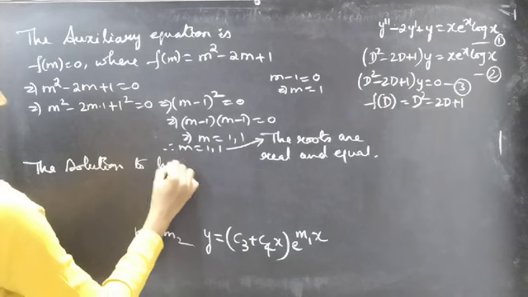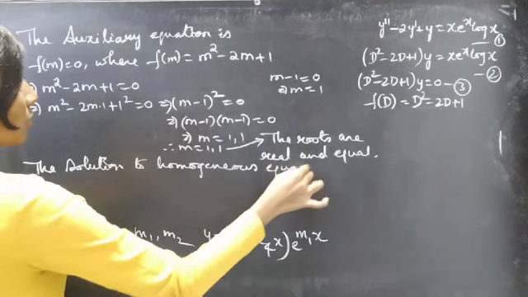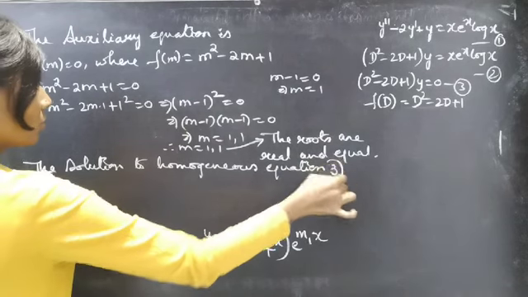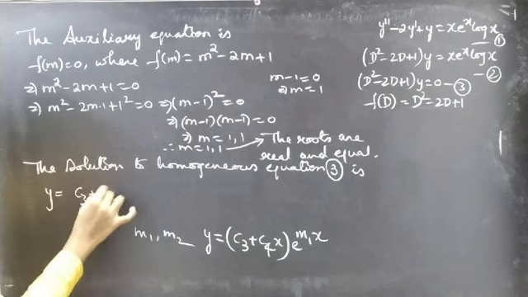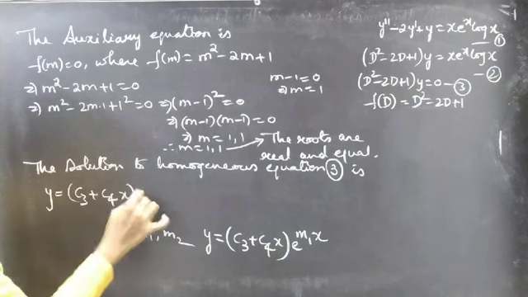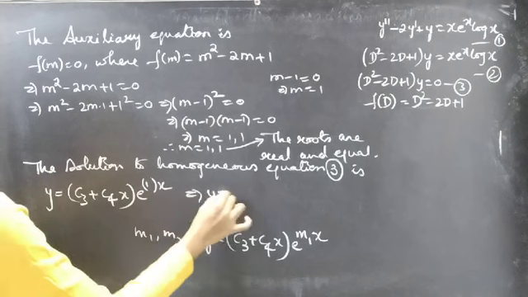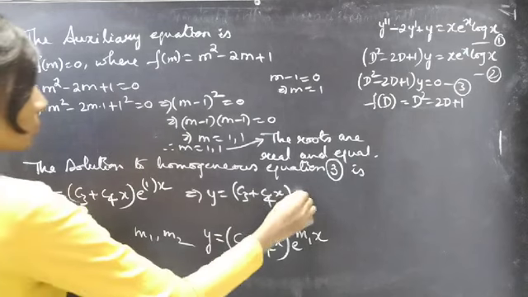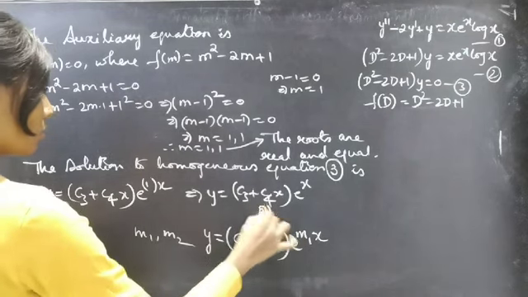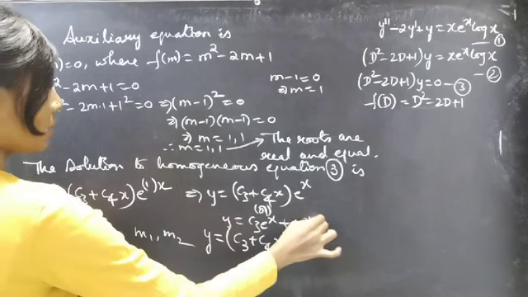The solution to the homogeneous equation, equation 3, is y equal to c3 plus c4 x into e power, we have the equal root 1, right? m1 equal to m2 equal to 1. 1 into x, which gives us y equal to c3 plus c4 x into e power x, or we can write this as y equal to c3 e power x plus c4 x e power x.